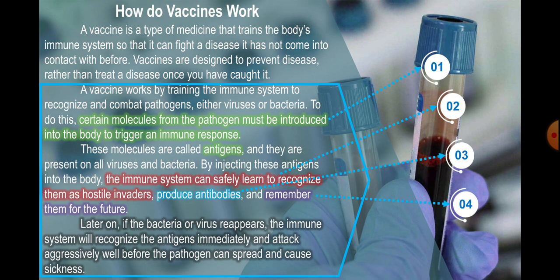Later on, if the bacteria or virus reappears, the immune system will recognize the antigens immediately and attack aggressively before the pathogen can spread and cause sickness. You can mark it as the fifth. So these are the process. It tells you the process from the first step into the last step.